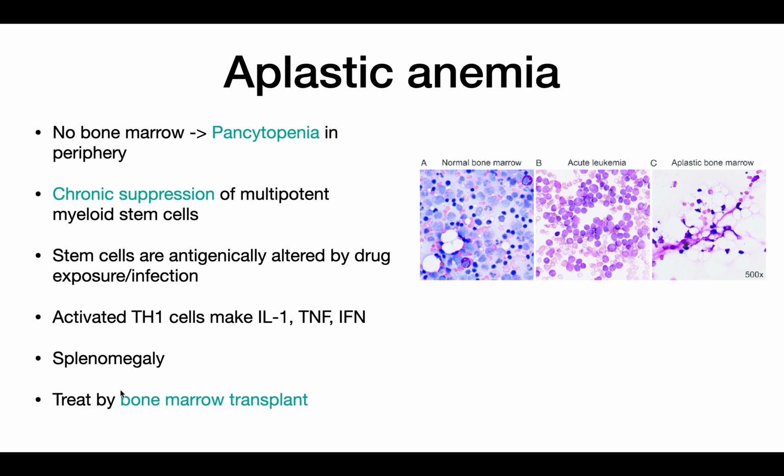It's characterized by splenomegaly, and you treat with a bone marrow transplant. As you can see here, the aplastic bone marrow is going to be just filled with fat, so you do need to replenish the cell lines. How do we know it's working? To see if the reticulocytes are present.